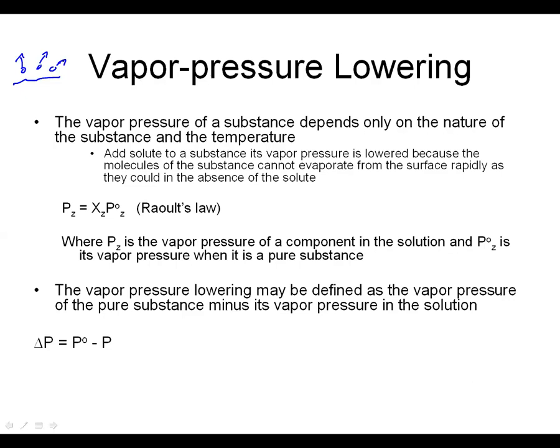This is P is equal to X times P naught, where P is the vapor pressure of the component in the solution, and P with the little circle, which is a naught, is the vapor pressure of the pure substance, and X in this case is our mole fraction. So this is our mole fraction.